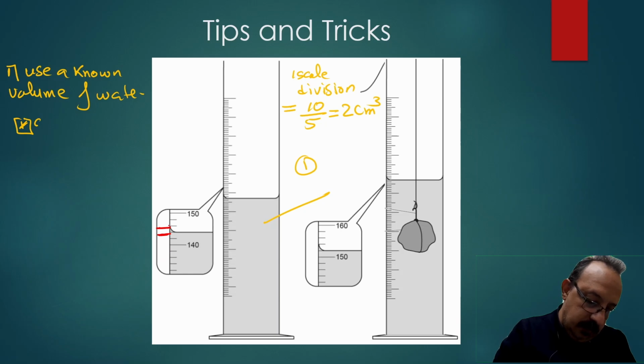The small level over here. So as we said, we are always going to read it from the meniscus. This is the one. It is 140, 142, 144 centimeter cube.